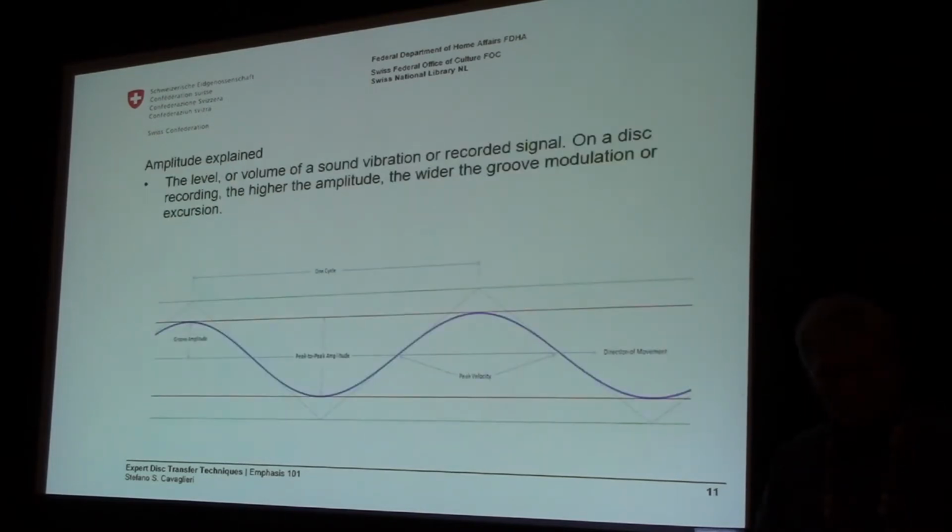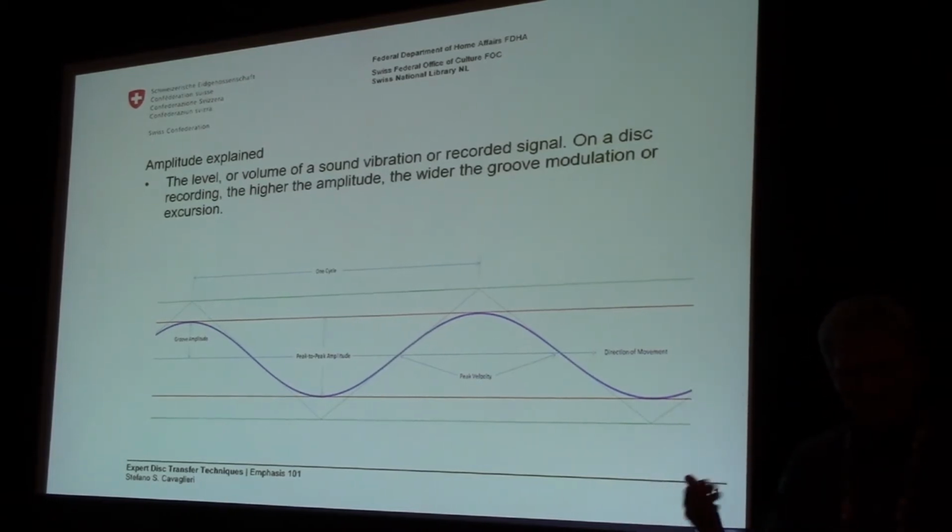Let me try to go through some further basic information, which is this one, for example. I've been talking about amplitude. What is amplitude? Amplitude is, as it's written there, the level or volume of a sound vibration or recorded signal.